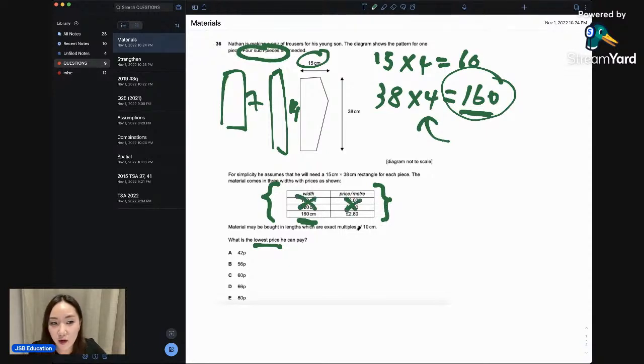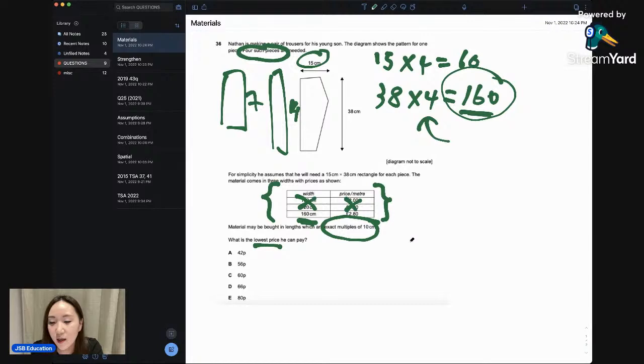Now we're left with some very basic information: 160 centimeters as our width, and on the length side, 15 centimeters. Up to there, I'm sure would be fine. The key thing is they always have some sort of condition where you can't join up the rest of it. In this case, we have to buy exact multiples of 10 centimeters.